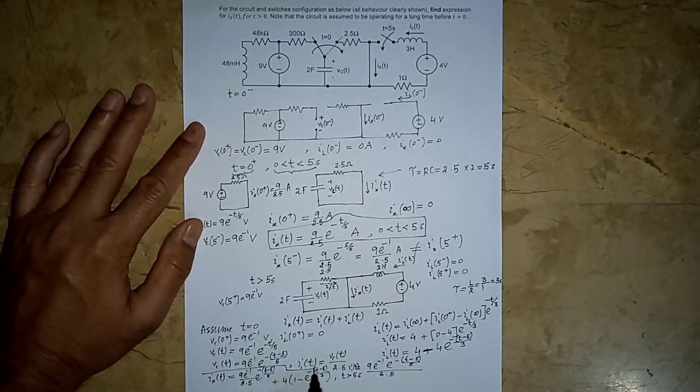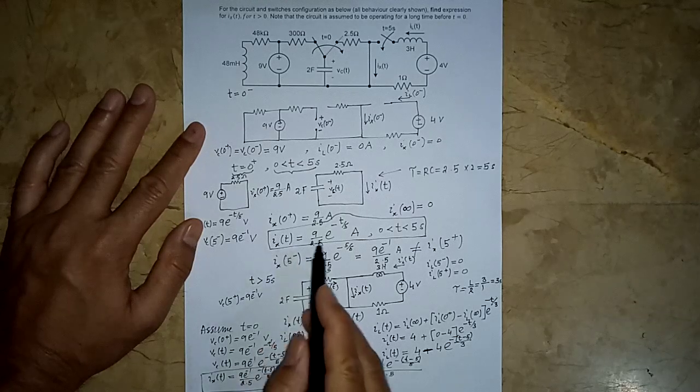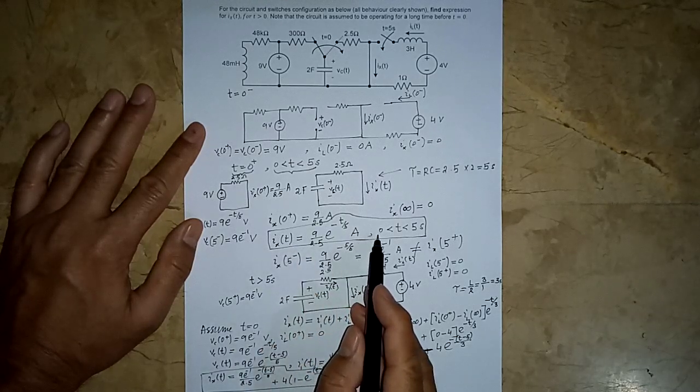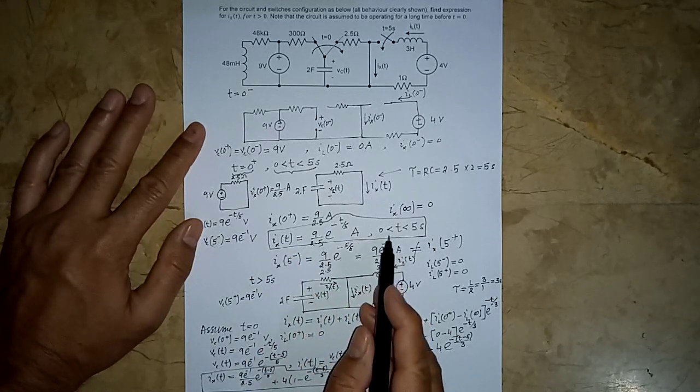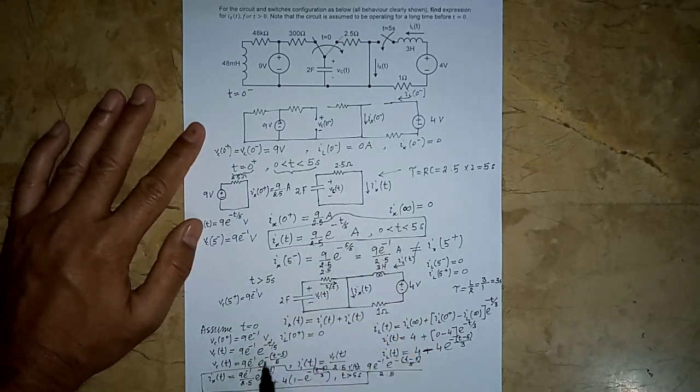So we have found the expression we were looking for, IX(t), for all the cases for t greater than 0. From 0 to 5 it will behave like this, onward it will behave like this.